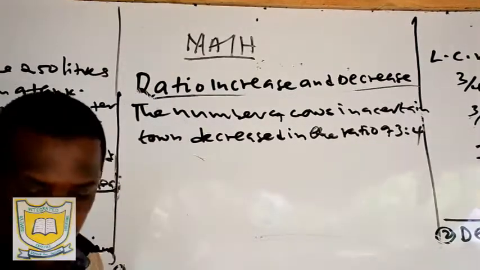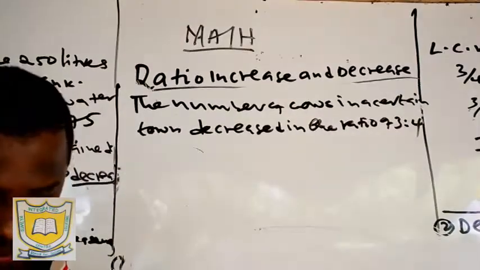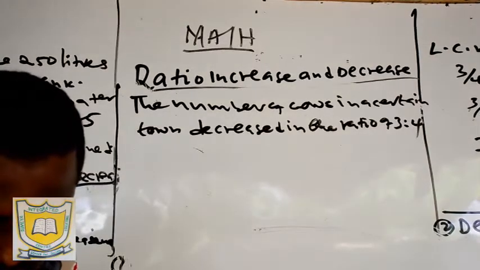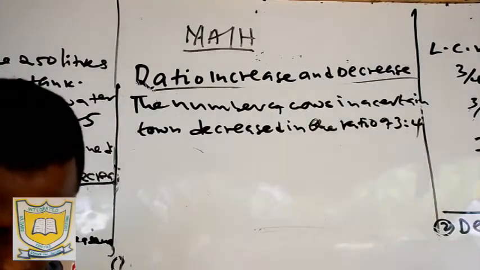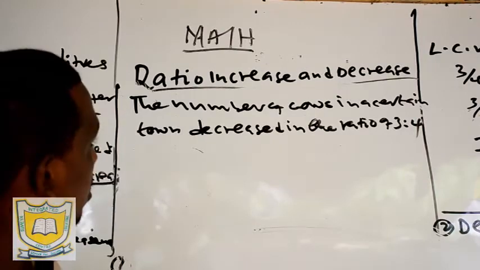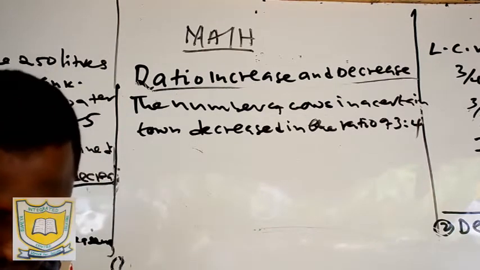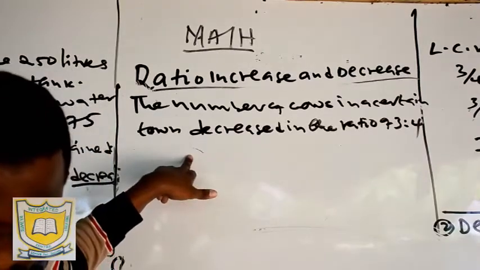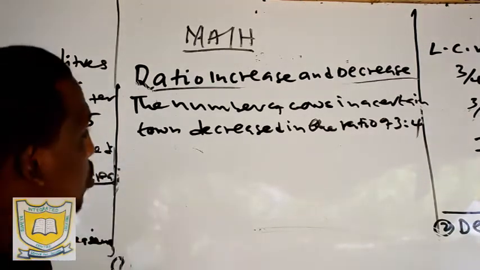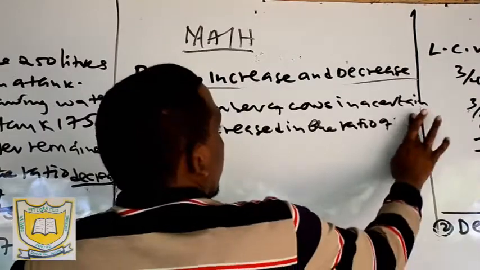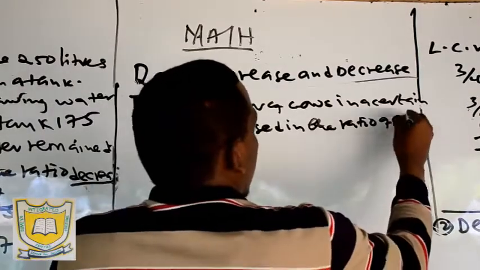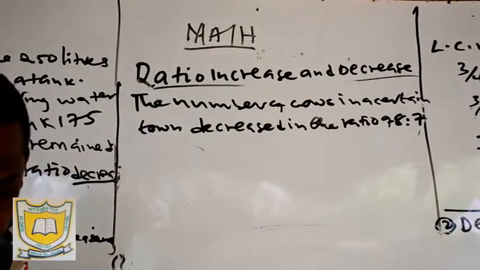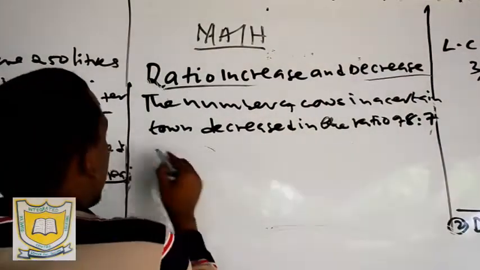Then the number of cows in a certain town increased in the ratio of 8 to 7.